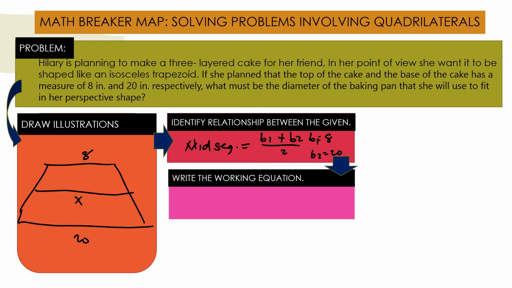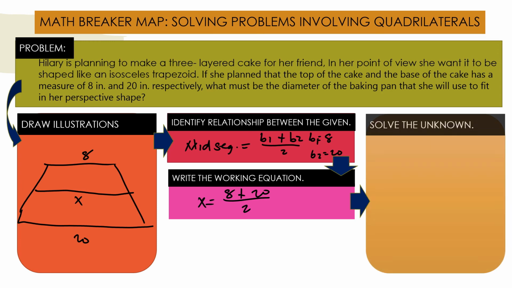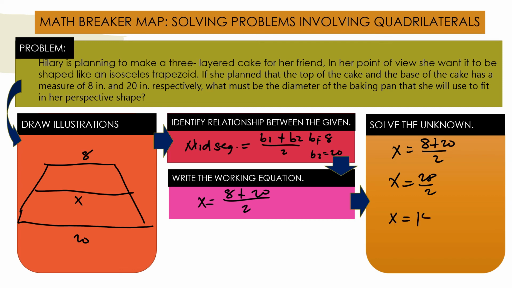Now, let us write the working equation. So x will be equal to 8 plus 20 all over 2. Solving for x, 8 plus 20 is 28, divided by 2. So x is equal to 14.